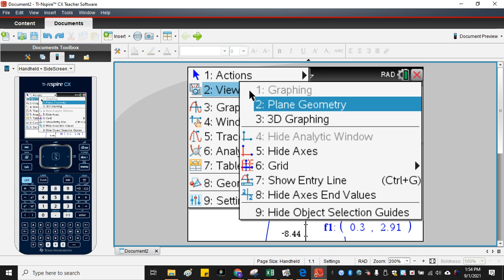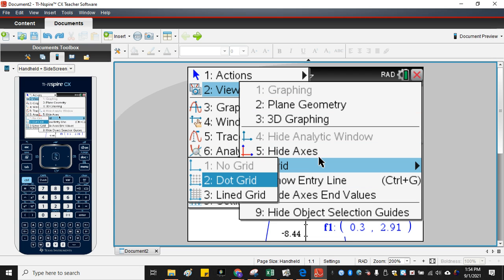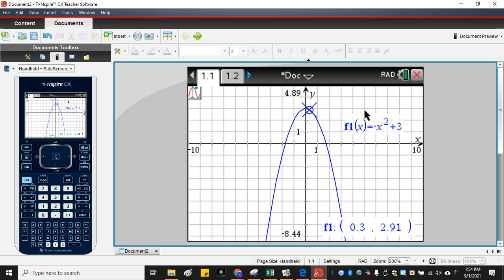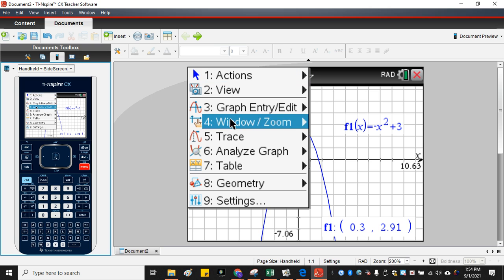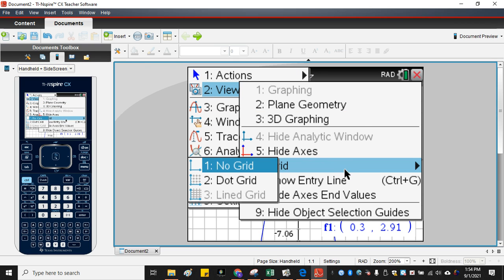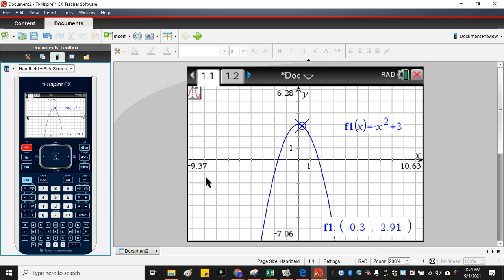View. Under view, you can put your grids on. So if you like to see your lines, you're more than welcome to put that on. So menu, view, your grids, lined, no lines, dotted. A lot of options to play with.